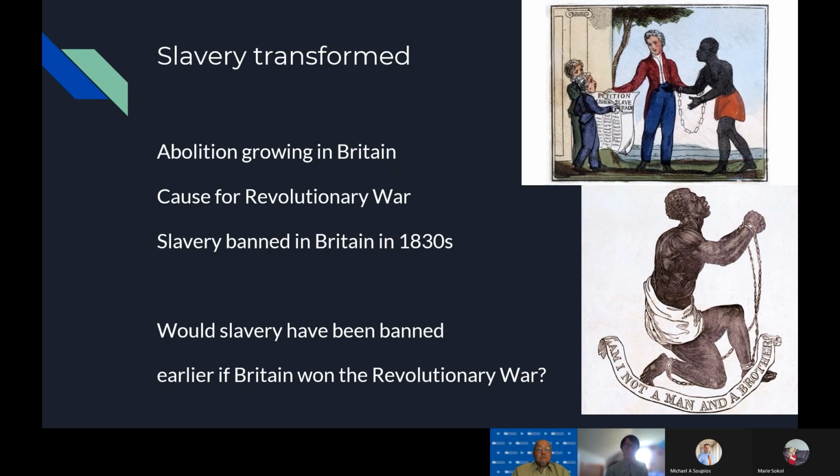That led to a big conflict, and the colonists had an opportunity for this conflict. And slavery was banned in Britain in the 1830s, which is 35 years prior to when America did it, and many more years prior than a lot of their other colonies.